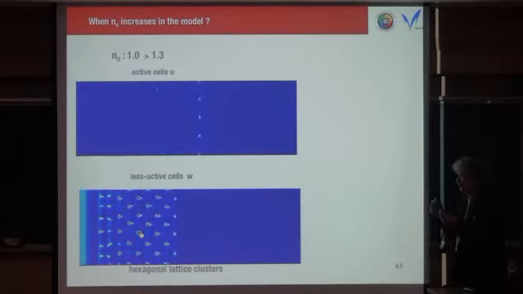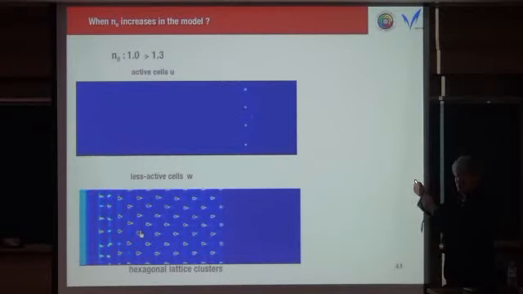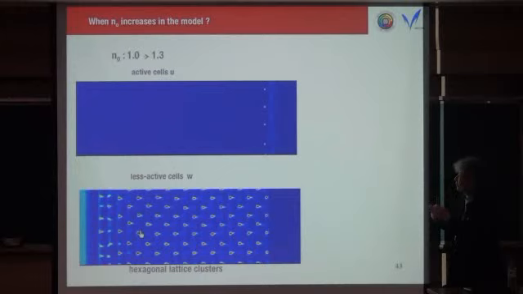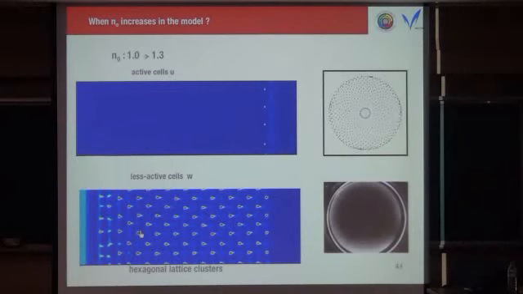So in the experiment we have two different patterns, but in the intermediate regime a very strange pattern probably occurs. This model shows the following: when N0 is 1, it is a transient pattern, but for N0 of 0.8 or 1.3 it is a very nice hexagonal pattern.